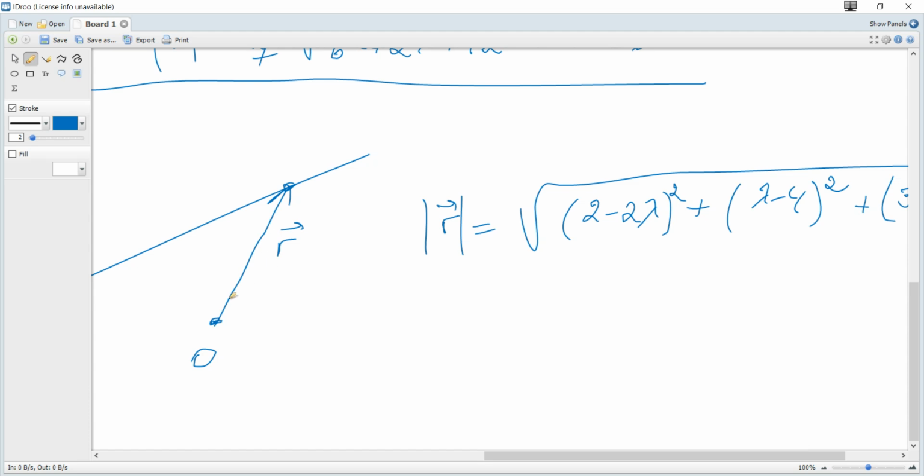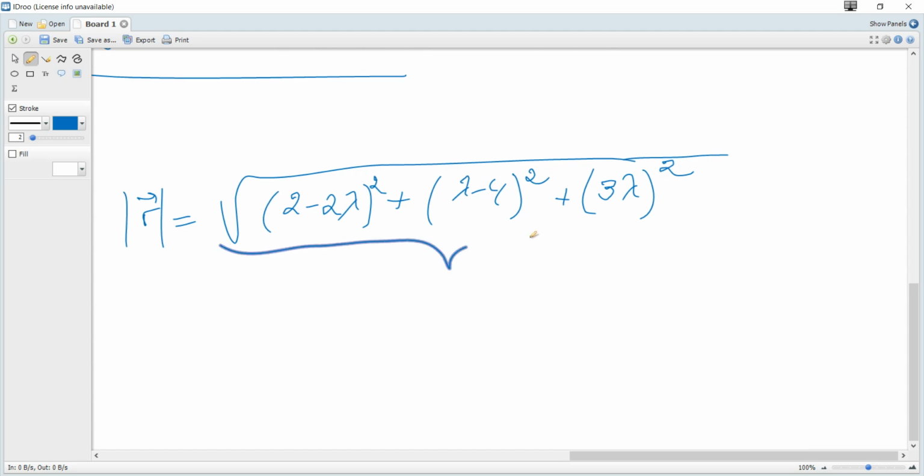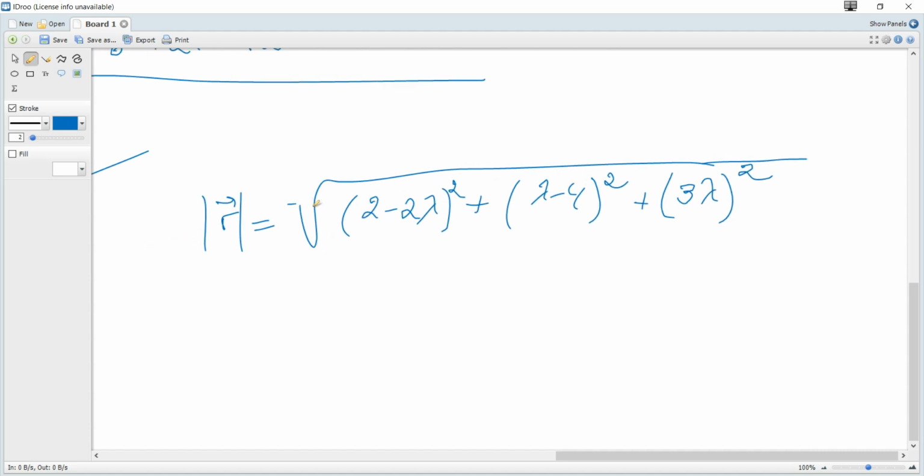If we need the minimum distance, the shortest distance, this function should be minimum, and a minimum or maximum occurs when its derivative is equal to 0, and the square root of something is minimum when the expression under the square root is minimum.